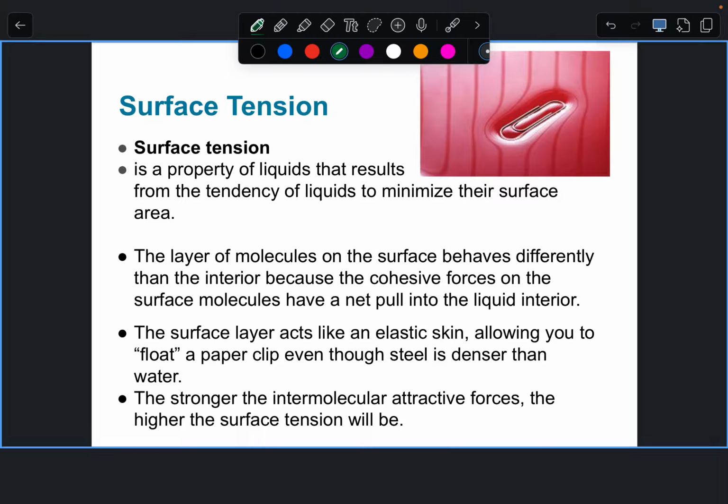Okay? So that means, I think this is down here, that the stronger those forces are, the more force it's going to be able to hold on top of it, and we would label that as having higher surface tension.